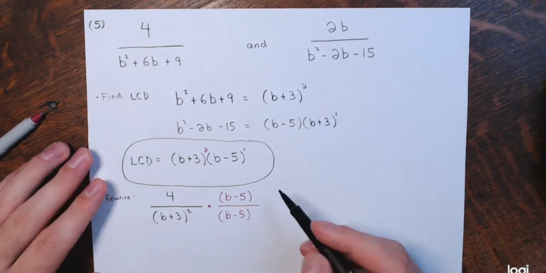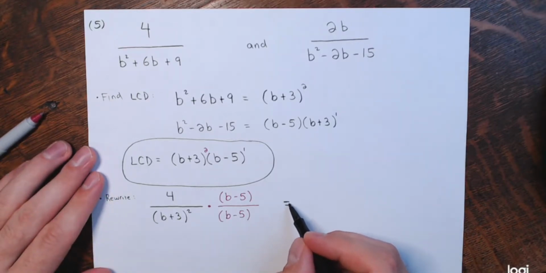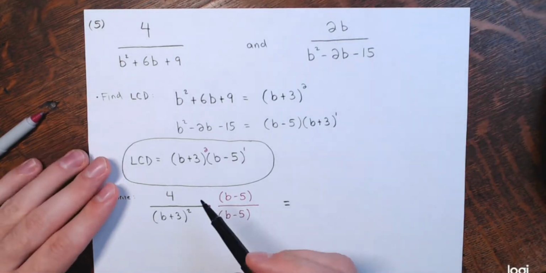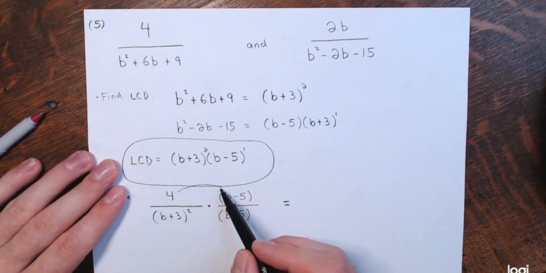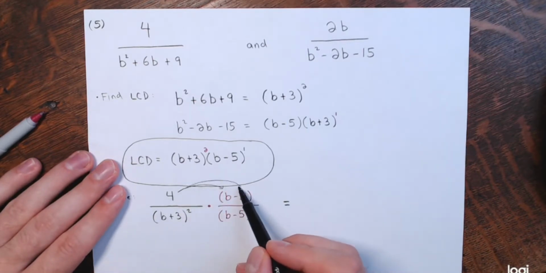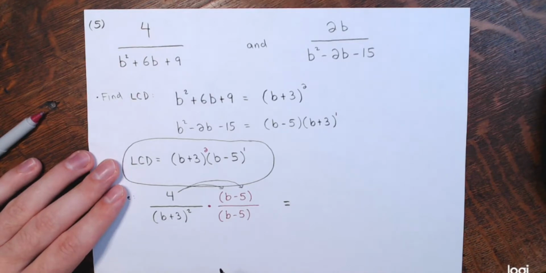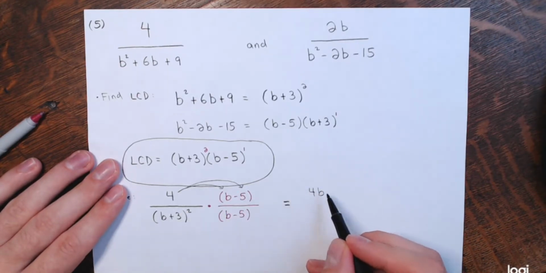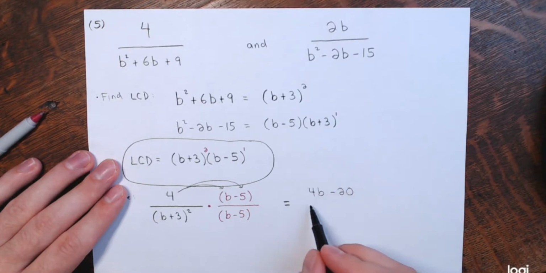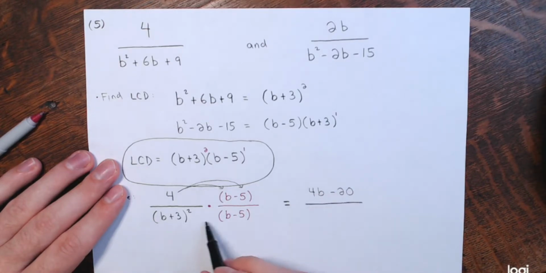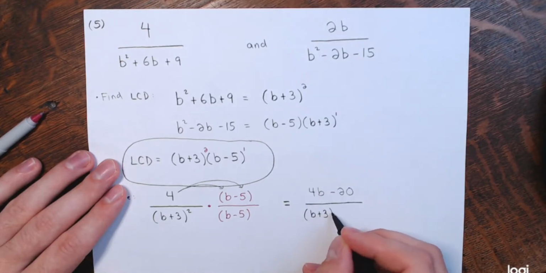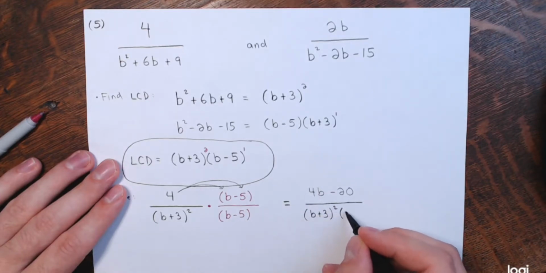Nothing wrong with that. But I personally, just to make future videos easier to work with and make addition and subtraction easier, I'm going to actually multiply out the numerator and I'll leave the denominator factored. So the numerator will be 4b minus 20, and the denominator is the LCD, b plus 3 to the second power times b minus 5.